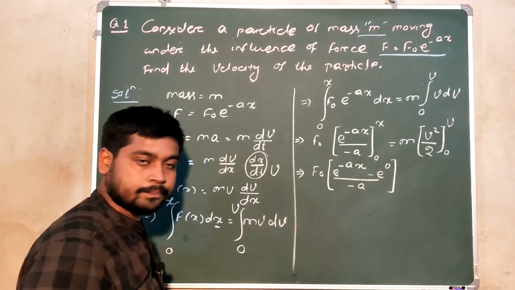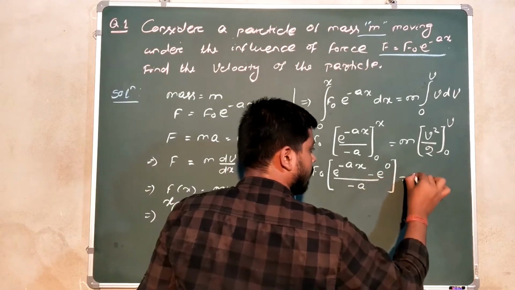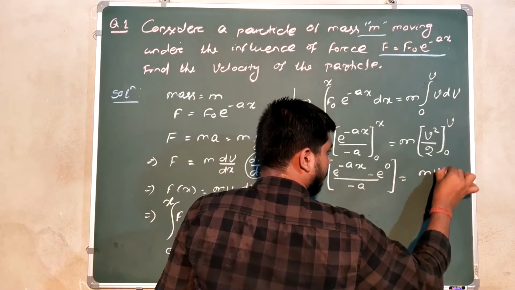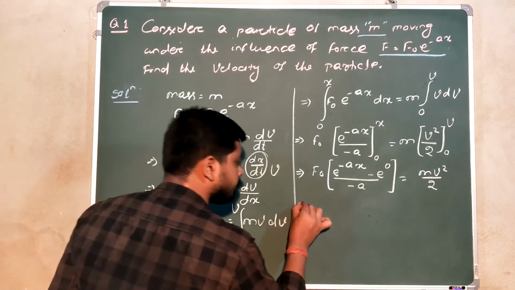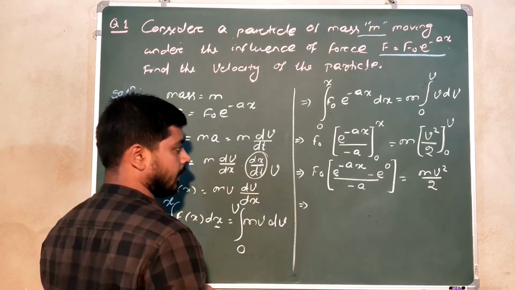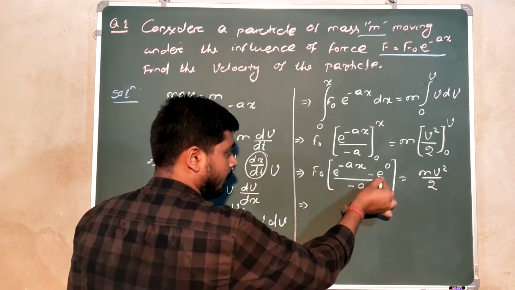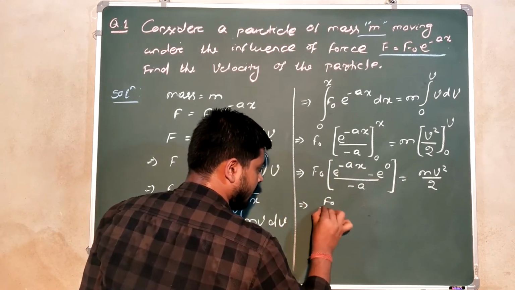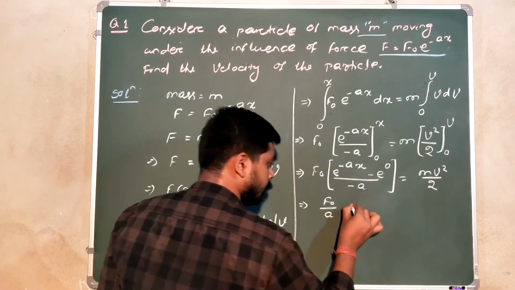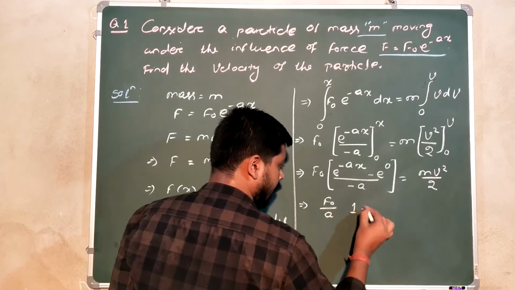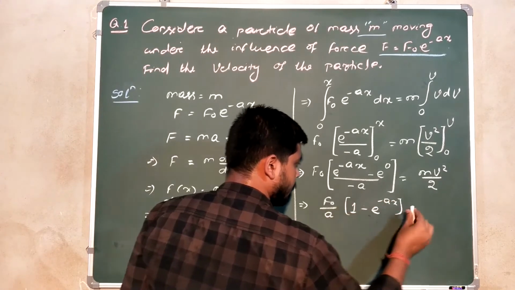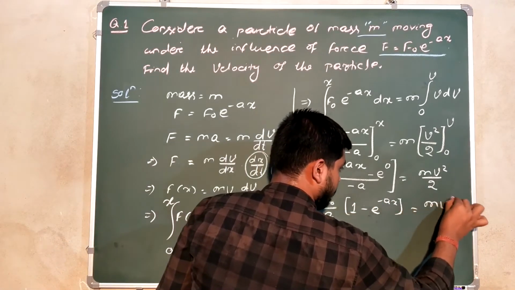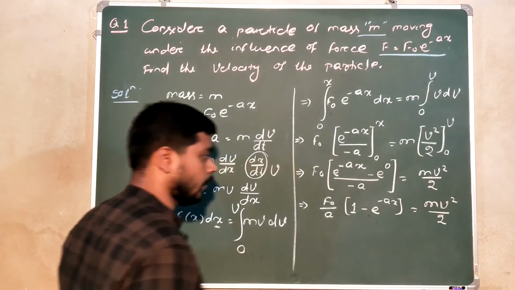Then this one becomes mv square by 2. By simplifying we get f naught by a into 1 minus e raised to minus ax equal to mv square by 2.